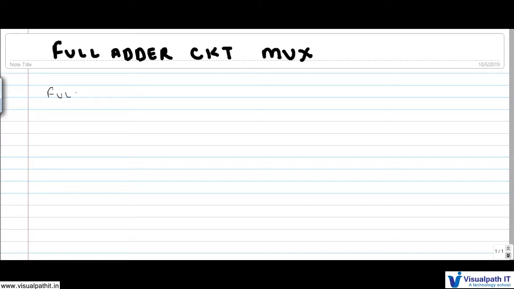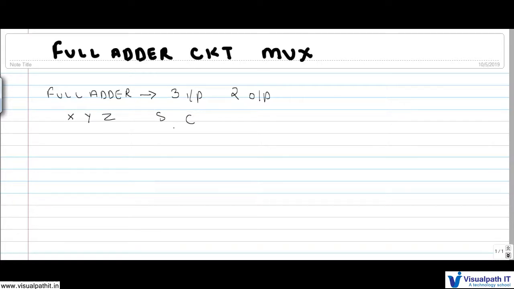A full adder circuit has 3 inputs and 2 outputs, right? X, Y, Z are the 3 inputs, and sum and carry are the 2 outputs, right?